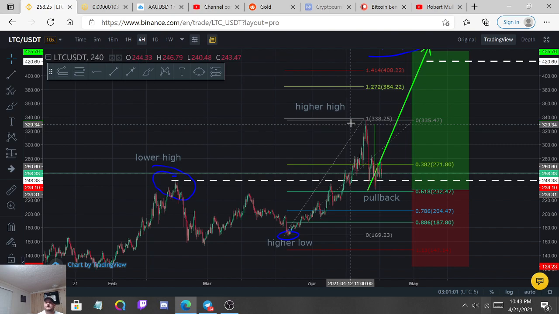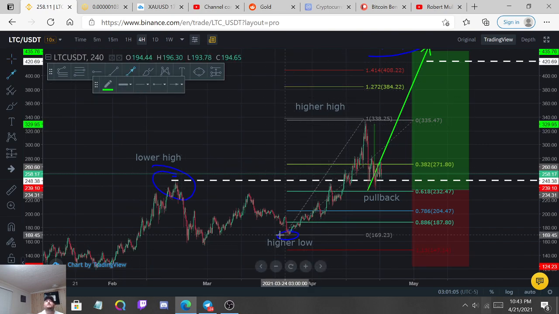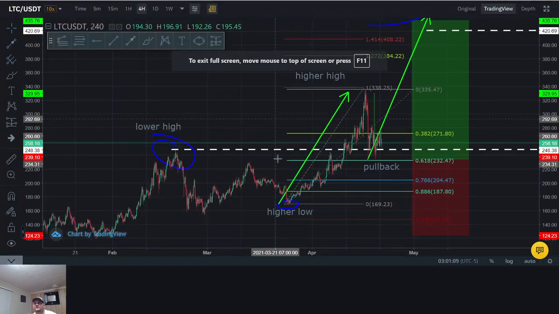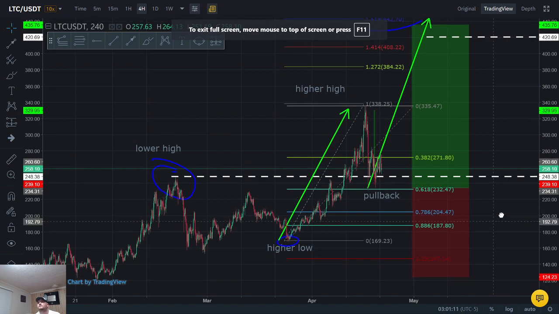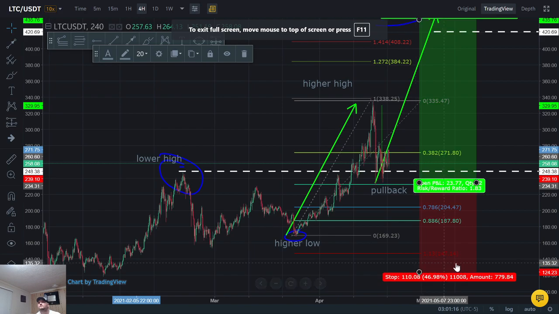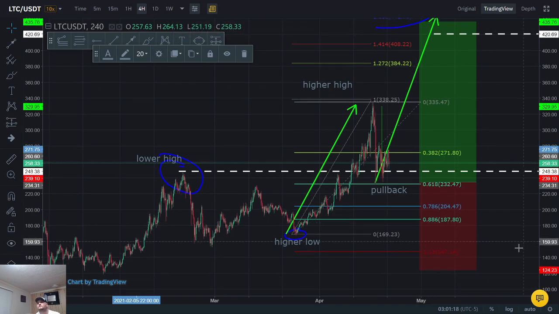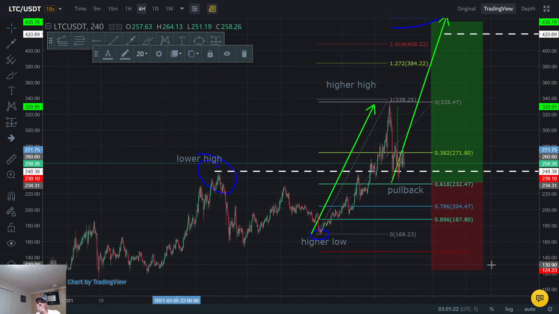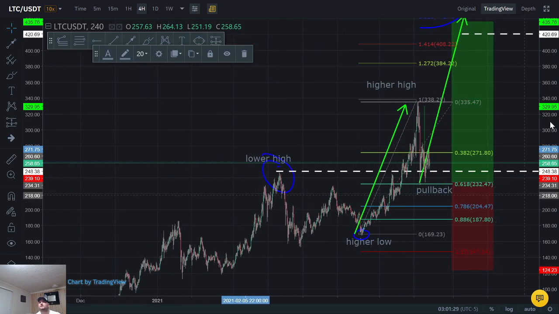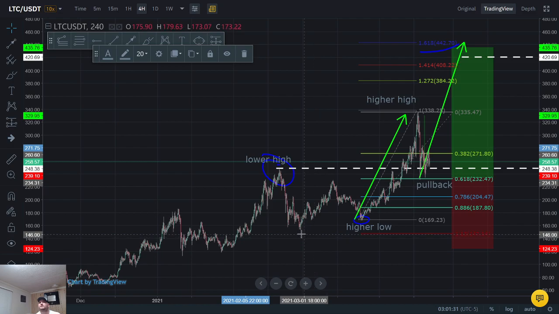This would be an impulse leg. It breaks this. Right? I mean, this is all just a guess. But let me show you where it didn't just start doing this.